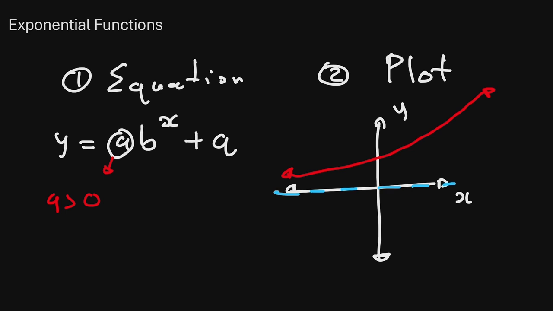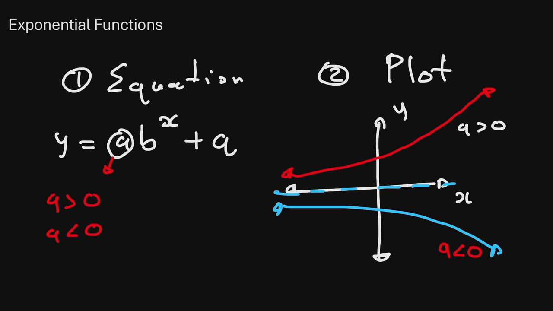But if the value of a is less than 0, our graph is going to be below the asymptote. For example, it will be a function like this. So if our function is below the asymptote, this means that the value of a is negative.